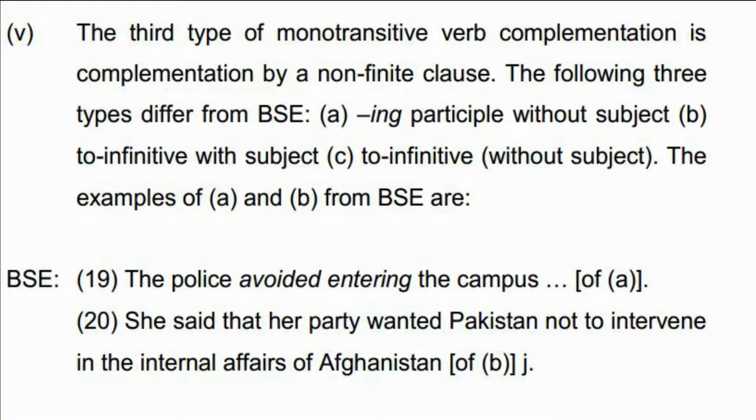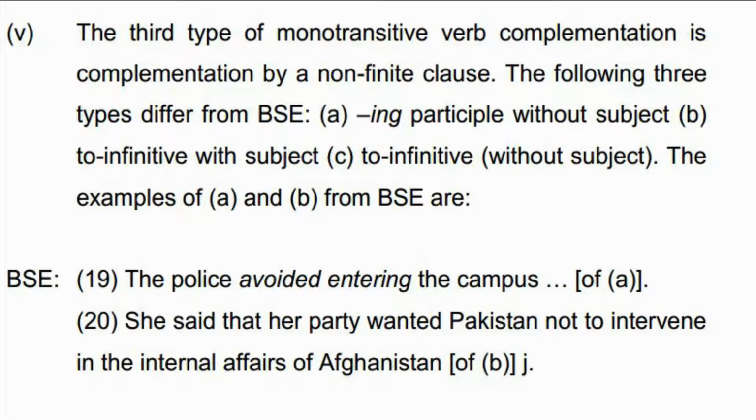The next feature is the third type of monotransitive verb complementation, complementation by a non-finite clause. The following three types differ from British English: ing participle without subject, to infinitive with subject, to infinitive without subject. Look at these examples. British Standard English: the police avoided entering the campus.